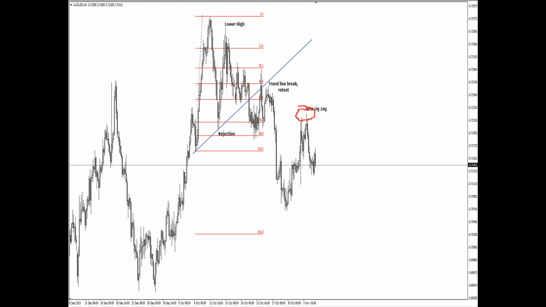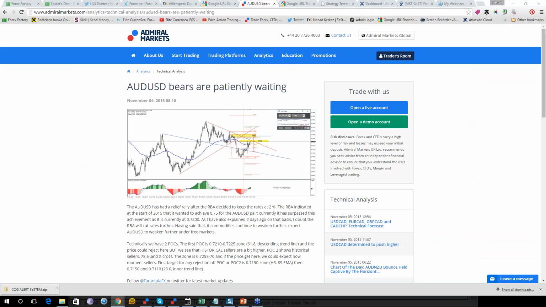And that was a textbook example of a price change. And because I know that a lot of people again thought it would be uptrend, but well, I said Australian dollar bears are patiently waiting, and I did this on purpose. Okay, I did this on purpose.